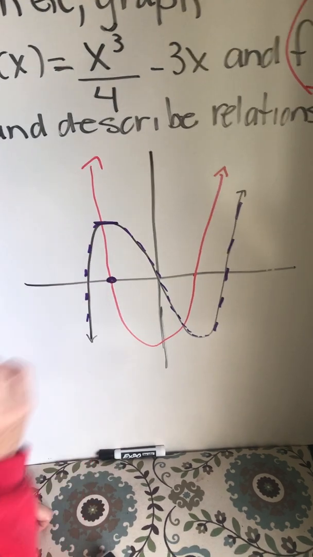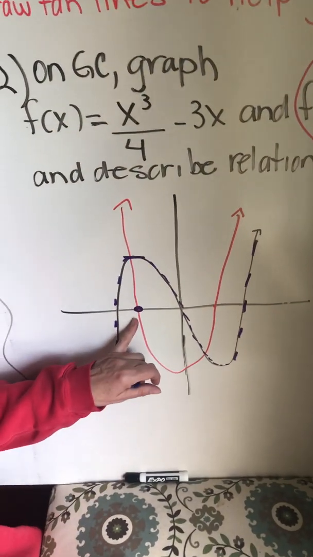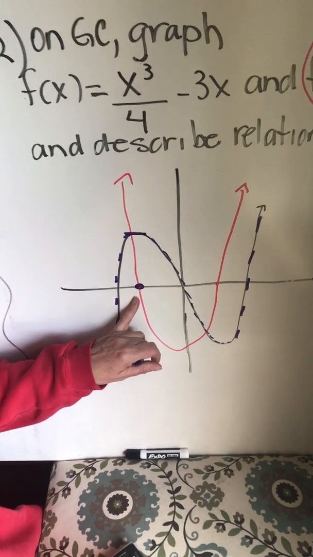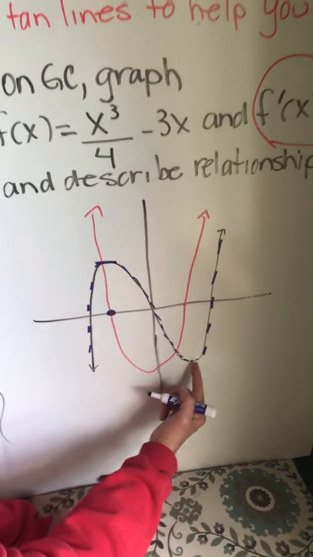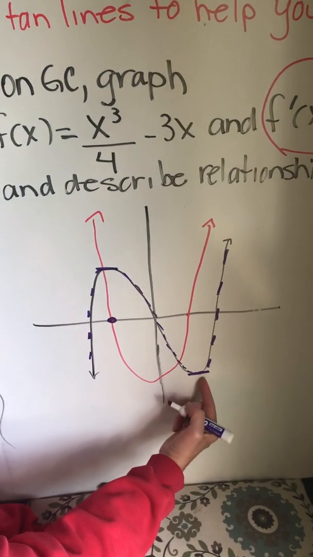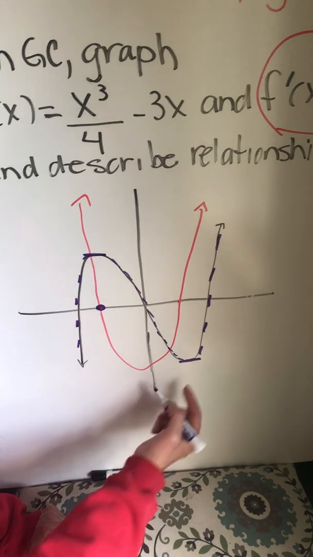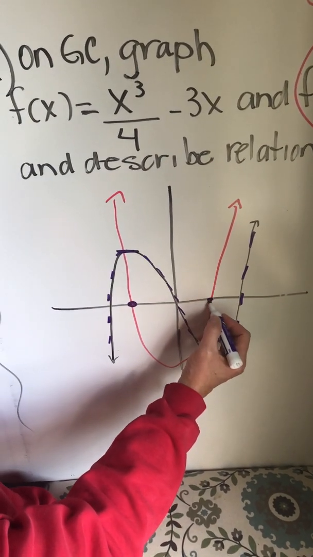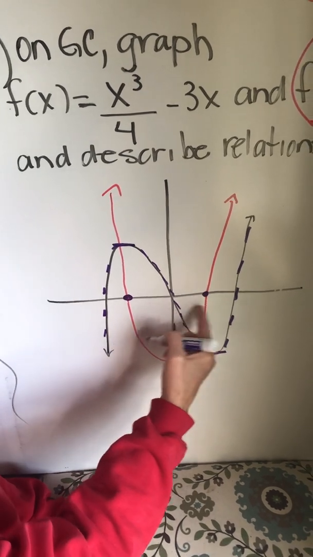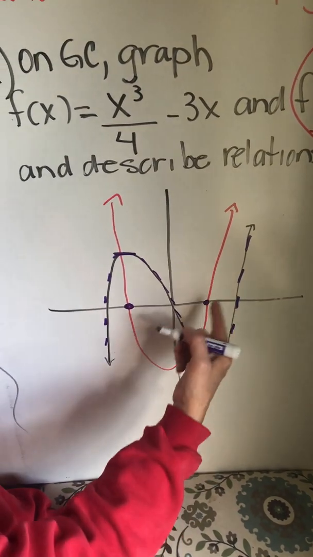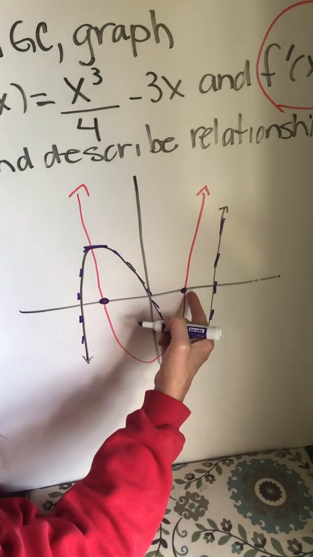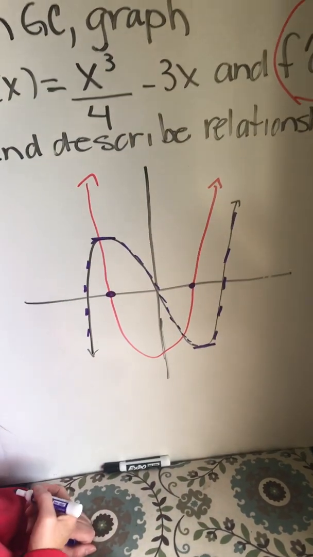Sure enough, that's the point 0, 0. At this x, it recorded a slope of 0, a y value of 0 on the derivative graph. Let's go down here. This is a minimum point. If you drew a tangent line, it also has a slope of 0. Let's go up to that x. Sure enough, on the derivative graph at this x, that is the point, the x is some x and a y value of 0. Again, recording a slope of 0 for the y at that x.